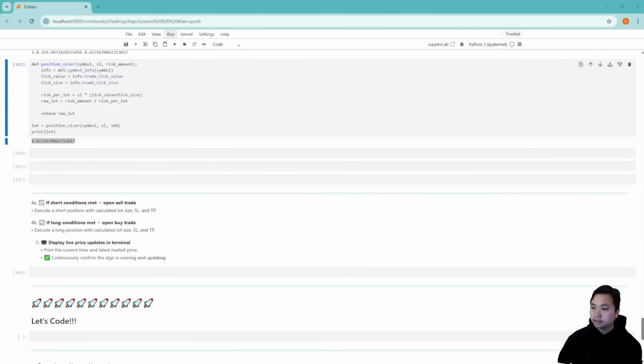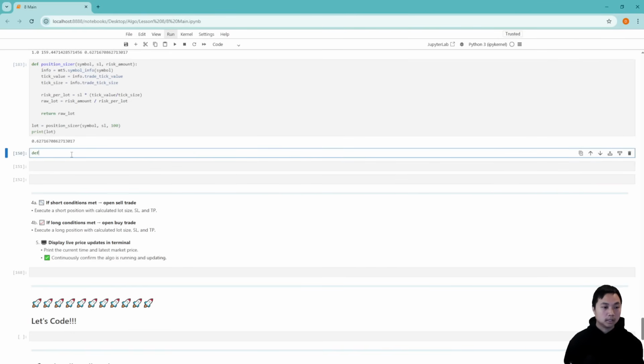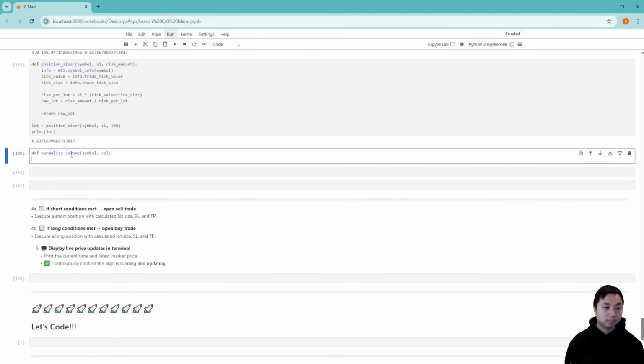So what we're doing is to add a normalize function. We have the symbol, we have the volume, that is a raw lot.